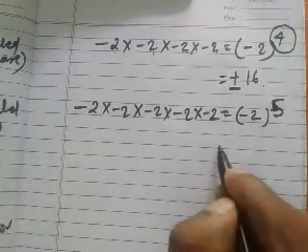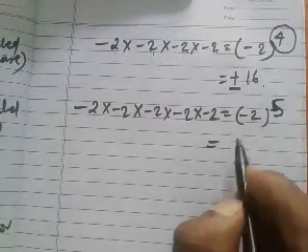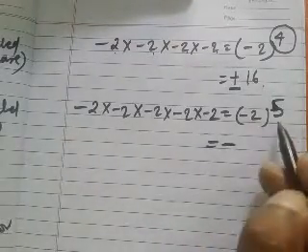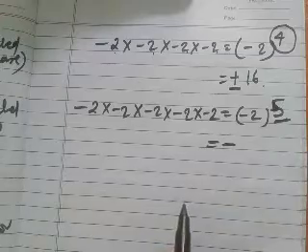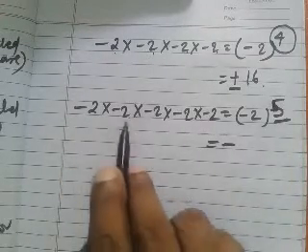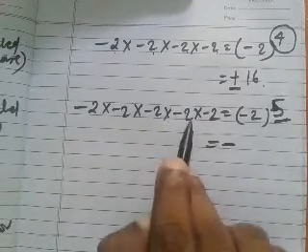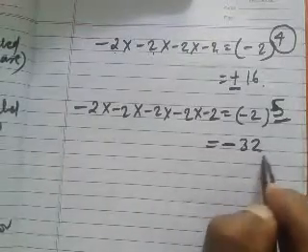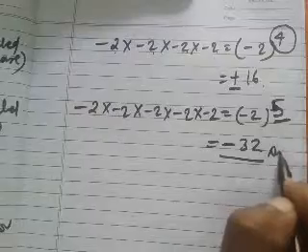So we will get a negative number as the answer because its power is an odd number. So 2 twos are 4, 4 twos are 8, 8 twos are 16, 16 twos are 32, and -32 is the answer.